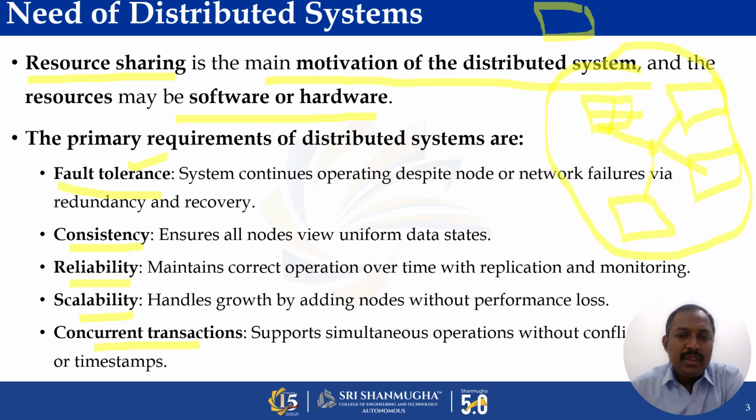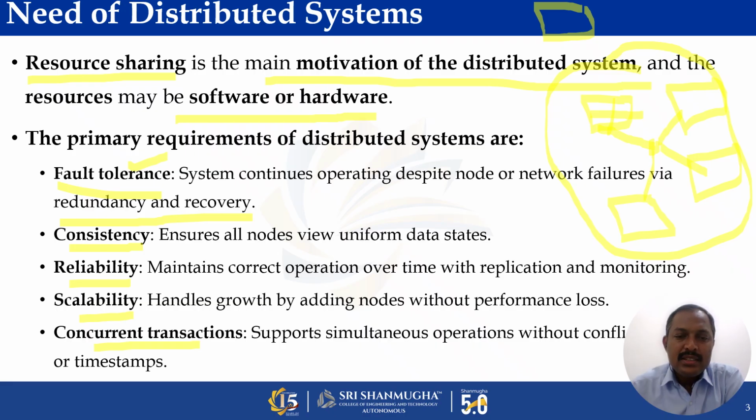The system continuously operates despite node or network failure via redundancy and recovery techniques. We have redundant systems, and a recovery system is also available. With the help of that, we can manage the fault. So that is the concept of fault tolerance.